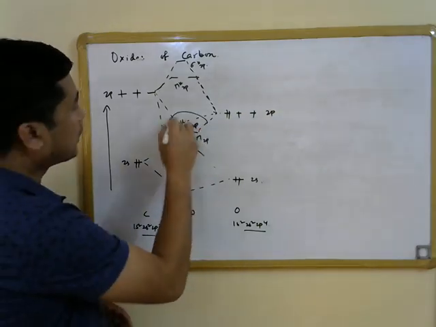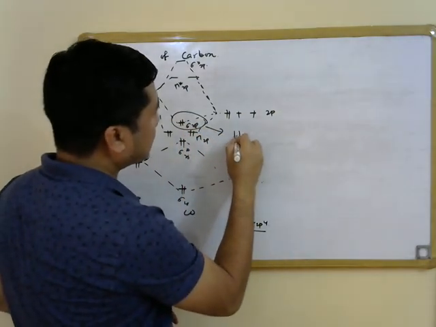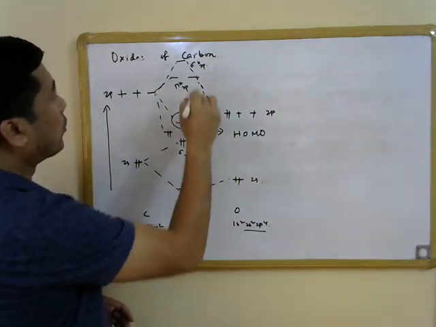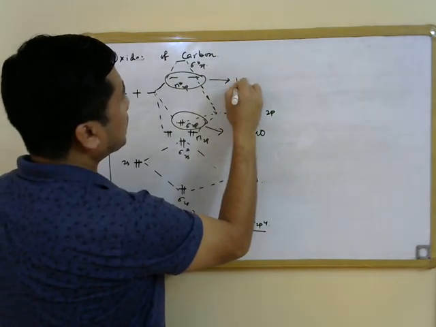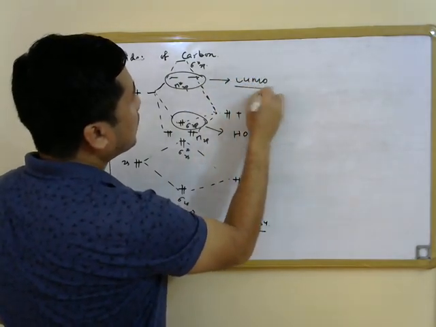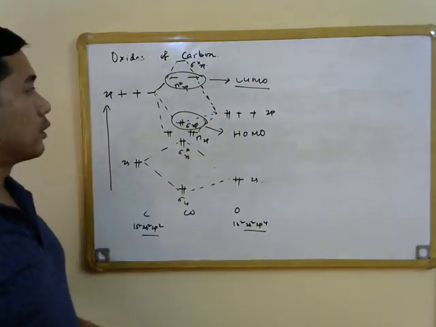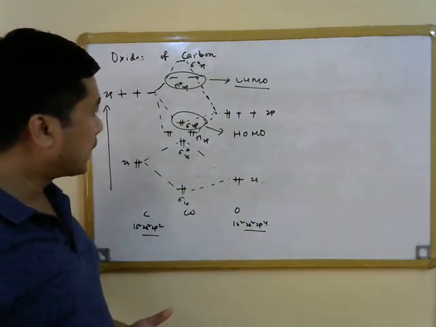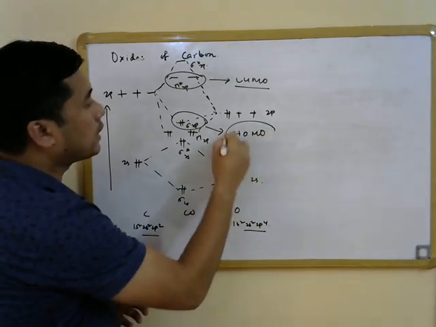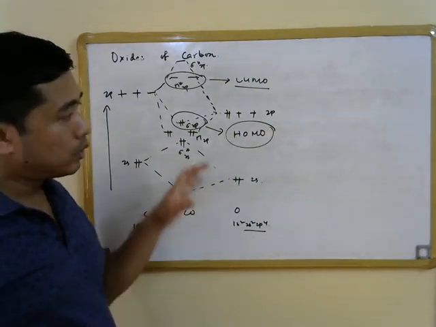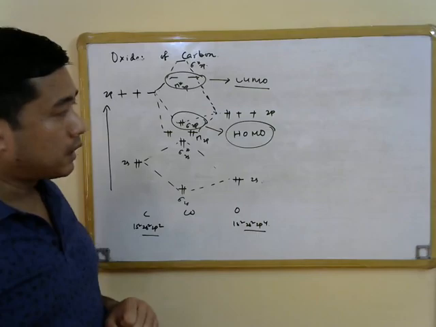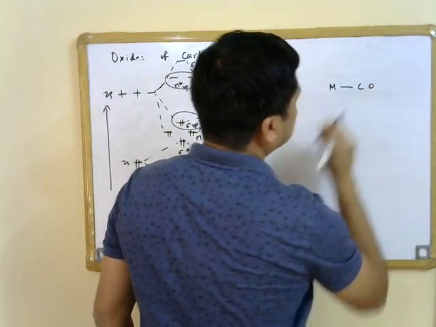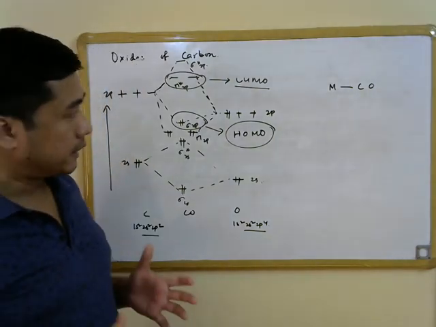So we term this particular molecular orbital as the highest occupied molecular orbital, or HOMO, while this molecular orbital we term LUMO, that is the lowest unoccupied molecular orbital. Now when carbon monoxide acts as a ligand, it donates the electron pair in the HOMO to empty metal orbitals, and that is how the metal to carbon monoxide linkage is essentially formed.